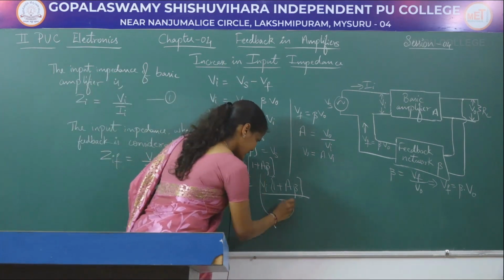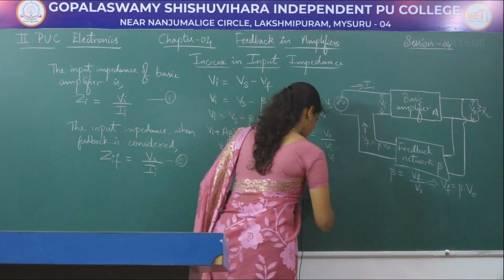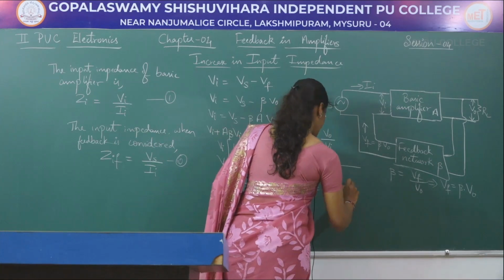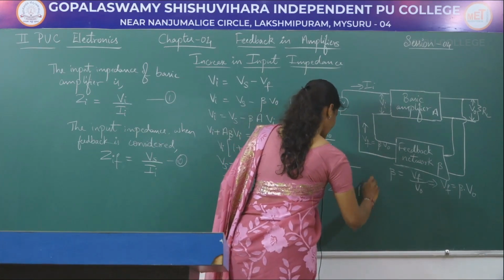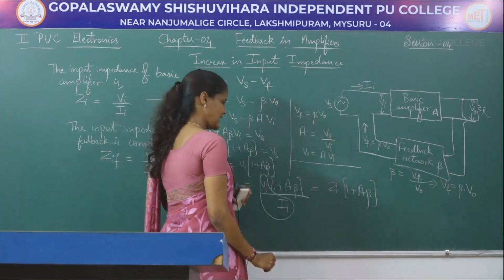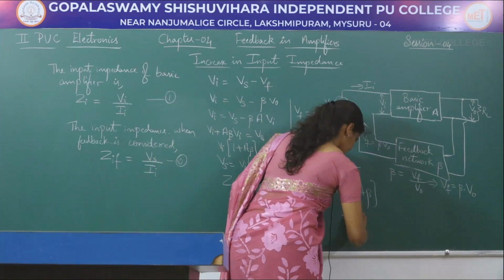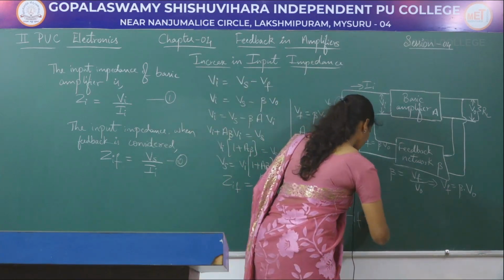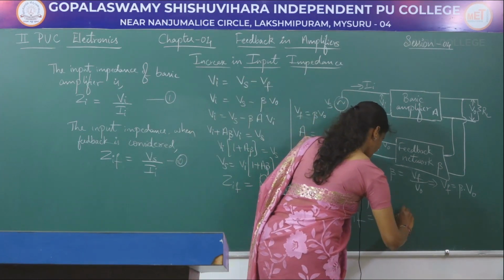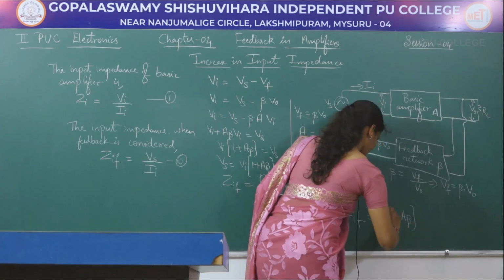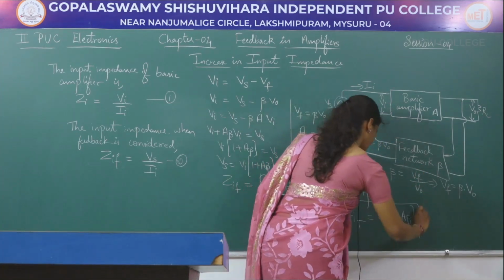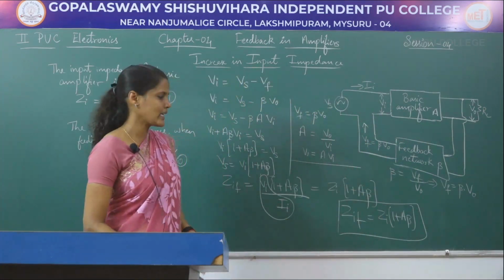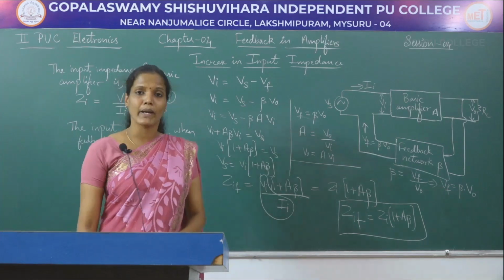So in place of this term, I am going to replace it by Zi into 1 plus A beta. So finally, I will get the expression for the input impedance when the negative feedback is considered: ZIF is equal to Zi into 1 plus A beta, where Zi is the input impedance when the feedback is not considered, A is the open loop gain, and beta is the feedback factor.